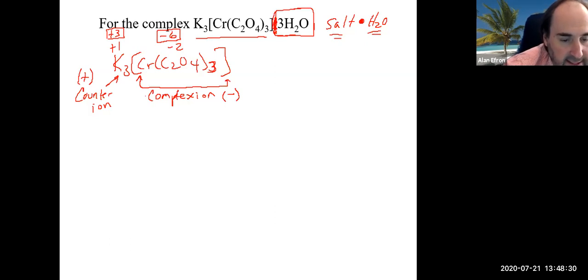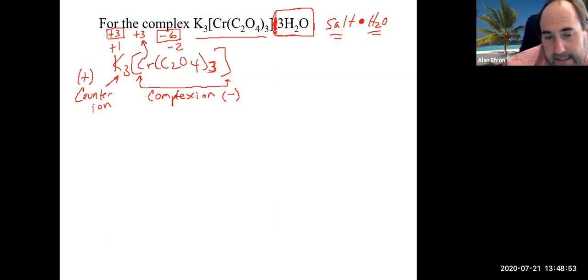So I've got -6 and +3, which means the chromium here should have an oxidation state of +3 as well. That will give me +3 and +3 is +6, and when you add that to -6 gives you 0. So that's important. Our chromium has a +3 charge.